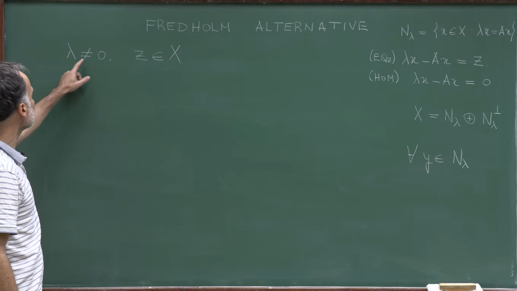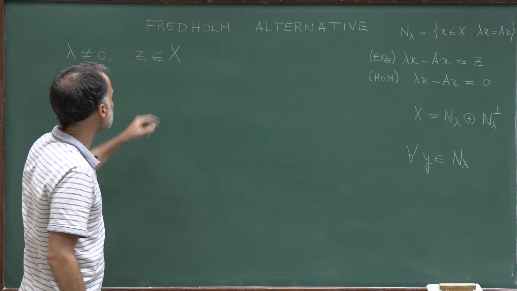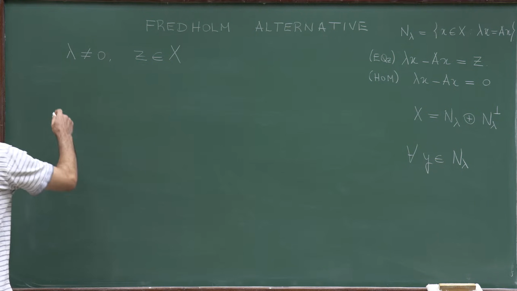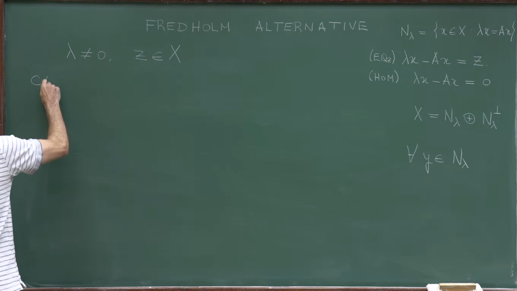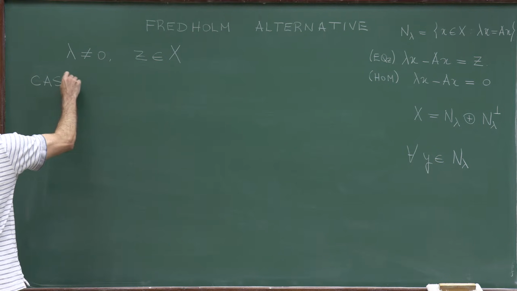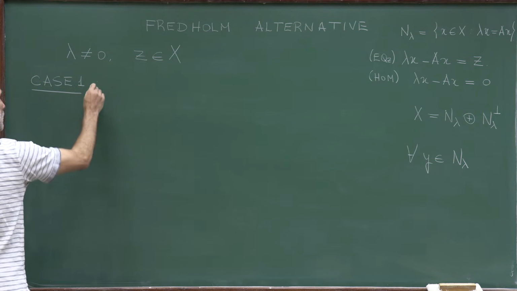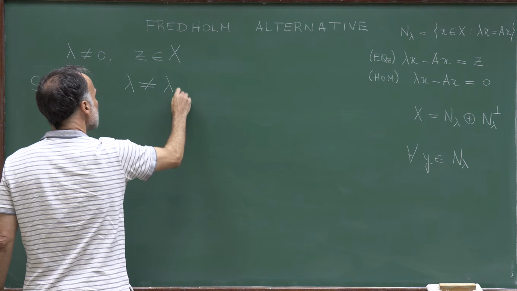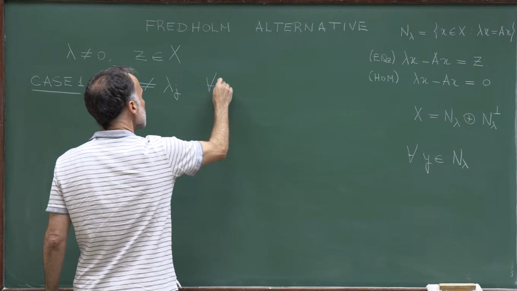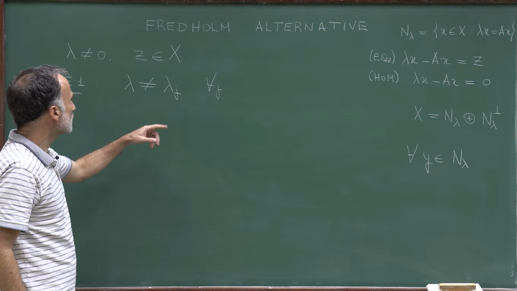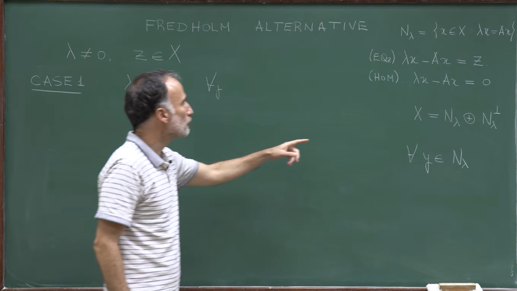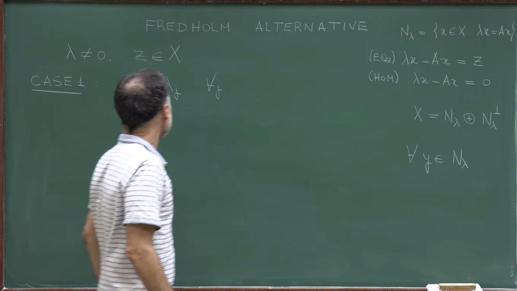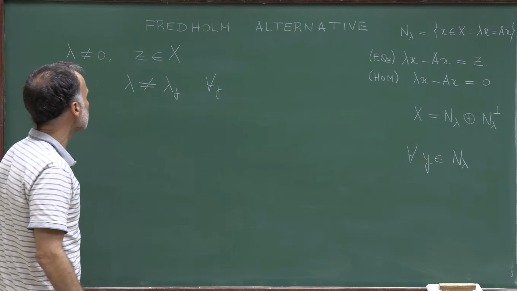So I just recall that lambda is different from 0 and z belongs to X. I want to consider two cases. Case 1 is that lambda is different from lambda j for all j. Remember, the lambda j's are the eigenvalues of the operator A, and I'm assuming that lambda is different from all of them.